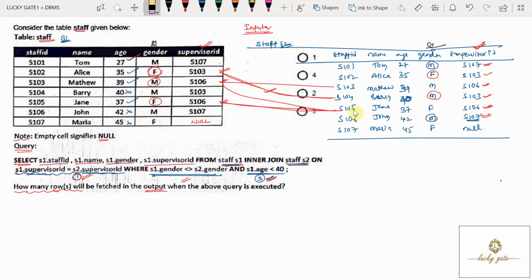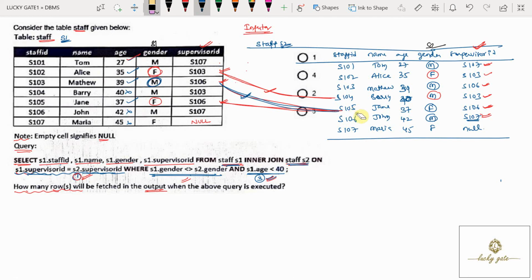Okay, this is only one combination in the output. Next, this is male, this is male, and this has two combinations. Male equal to male is incorrect. In this combination, male and female, this is a true combination. That is a true combination, this is a false combination, which I removed. I have only that one combination.